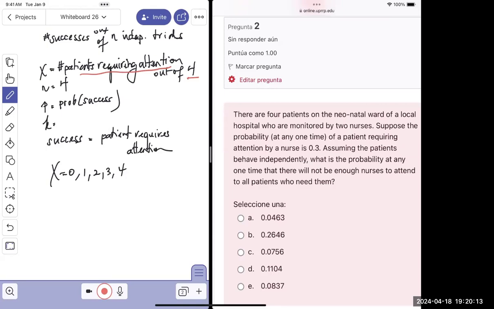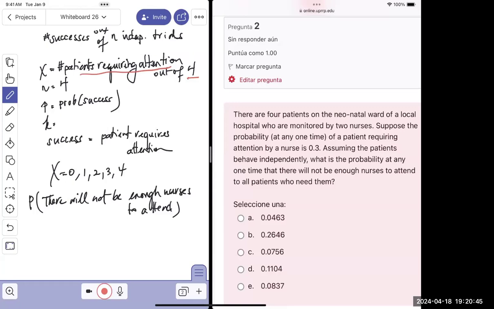What is the problem? So the question is, what is the probability that at any one time there will not be enough nurses? So this is confusing, right? Because there are 2 nurses.